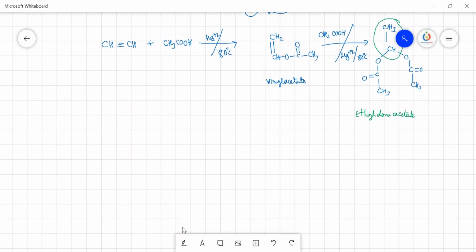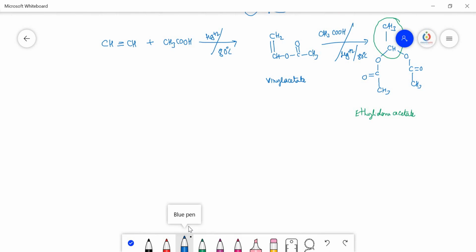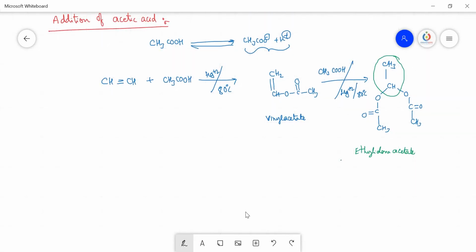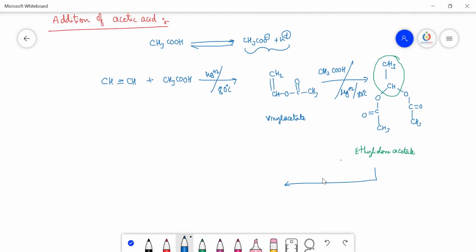From this ethylidene acetate we can write many reactions. If you heat it, because it is a little unstable molecule, to approximately 300 to 400 degrees centigrade, the CH3COO and CH3COO parts split up and combine to produce CH3-C double bond O-O-C double bond O-CH3, acetic anhydride.